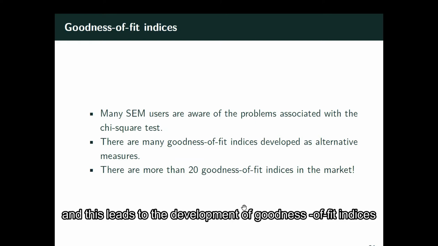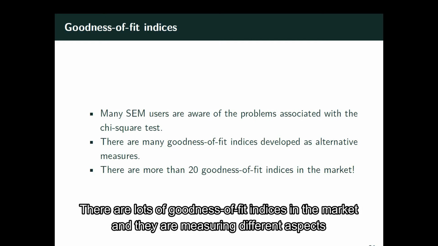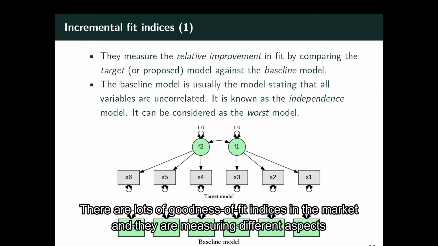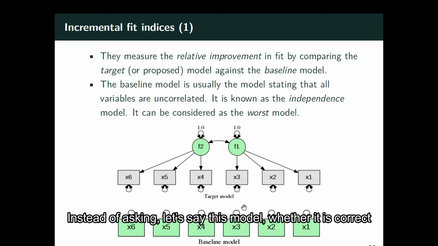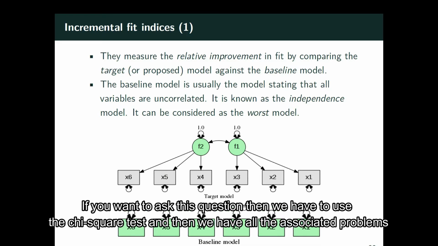So now it provides some room for different directions. And this leads to the development of goodness of fit indices. There are lots of goodness of fit indices in the market, and they are measuring different aspects. One of them is the incremental fit indices. They measure the relative improvement. So the idea is like this. Instead of asking whether this model is correct, if you want to ask this question, then we have to use the chi-square test, and then we have all the associated problems.